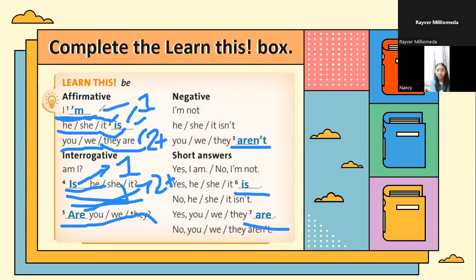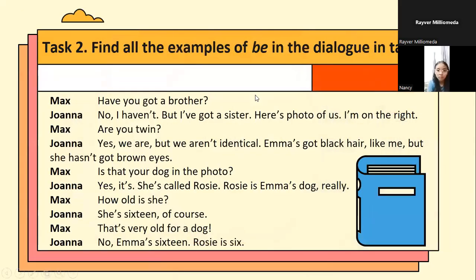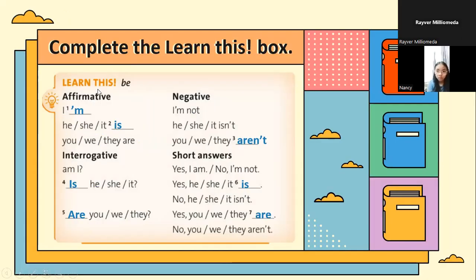Now, did you get it? Okay. So we don't need to answer this one. So let's proceed to task 2. Find all the examples of be in the dialogue. So remember, this is the example of be.